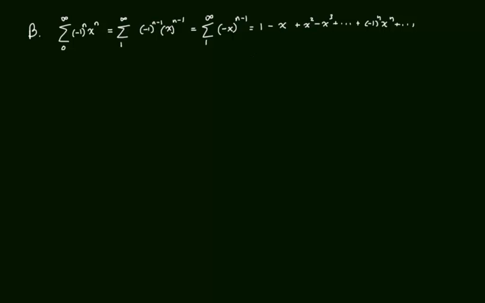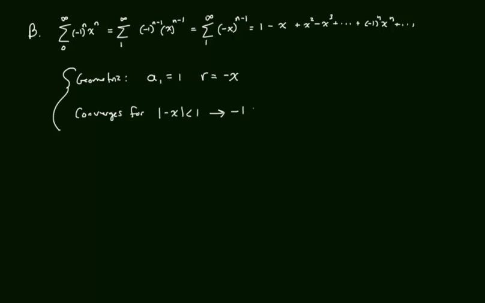So that's the power series, and we want to know for what values of x the power series converges, and really what the function looks like on that interval of convergence. So this is geometric again. The first term, a1, is 1. The common ratio is negative x, and it's going to converge for the absolute value of negative x less than 1, which also yields that same interval of convergence.